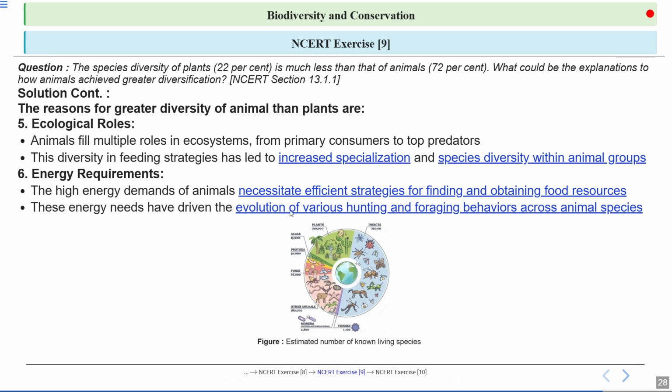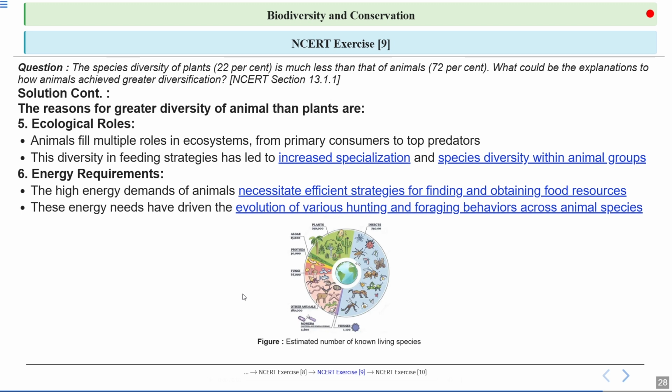So here in this image you can see the diversity or the variety of life form present on the earth. Clear? So here you can see most of the part is occupied by the insects. Then you have other animals as well. So the animal kingdom is occupying most of the space here.